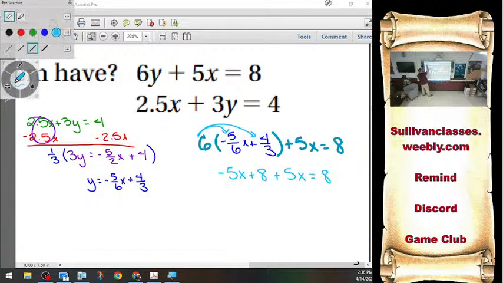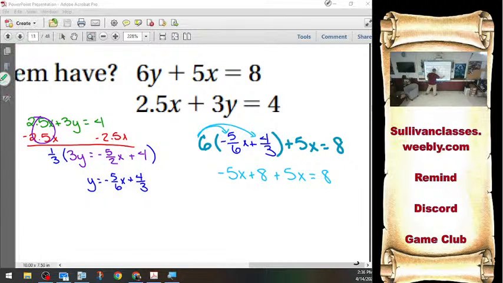Combine like terms, negative 5x plus 5x cancels, and I get 8 equals 8. So, what's my answer? Infinitely many solutions.